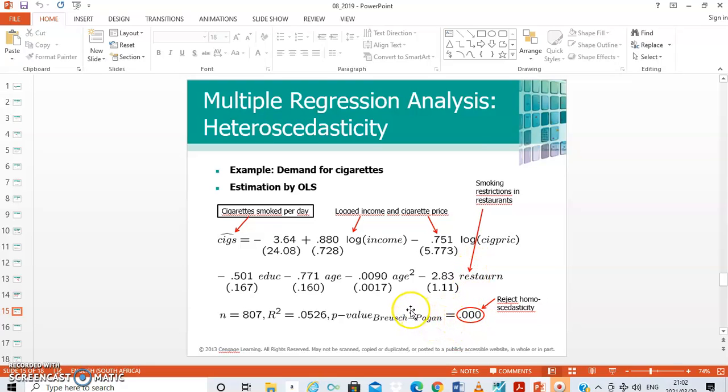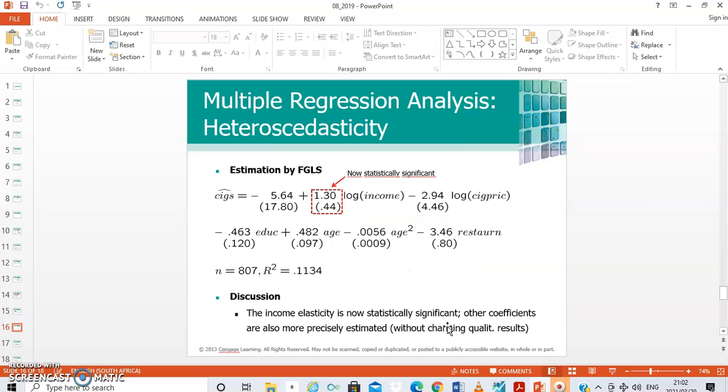Here, for example, they use the Breusch-Pagan test for heteroscedasticity, and you can see that since the probability of 0.00 is less than 0.05, we can reject the null hypothesis of homoscedasticity, meaning there is a problem of heteroscedasticity. But if this probability was greater than 0.05, we would not reject homoscedasticity, and that's actually what we want in our model.